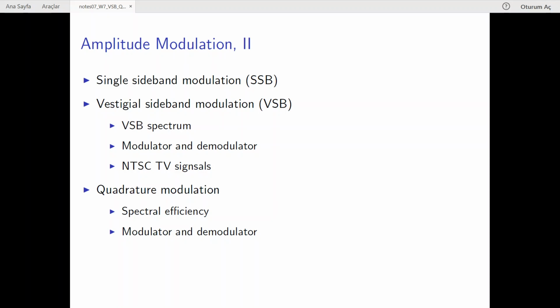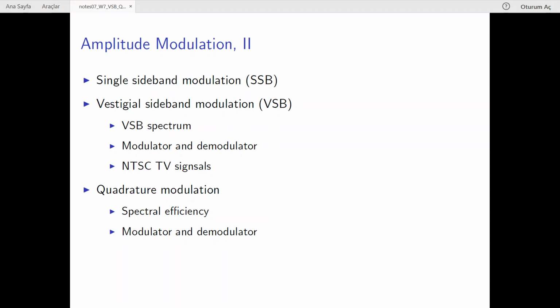So you are not wasting much of the spectrum, but the drawback of this operation is that you are introducing too much complexity to the system in order to achieve that. So now in this lecture, we will discuss and explain exactly vestigial sideband modulation and the reason why we need it.